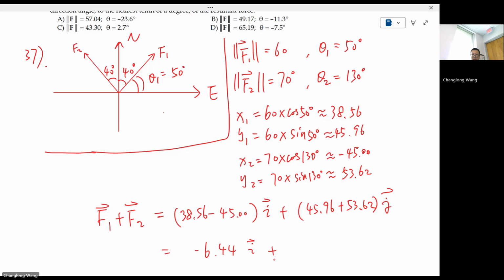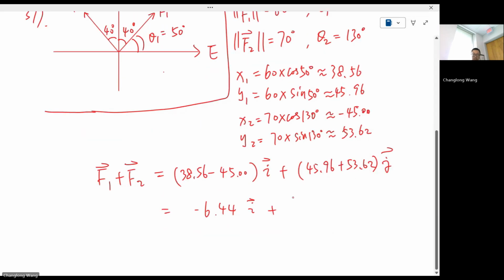I plus 45.96 plus 53.62. All right, so that's the vector sum in terms of the rectangular form.